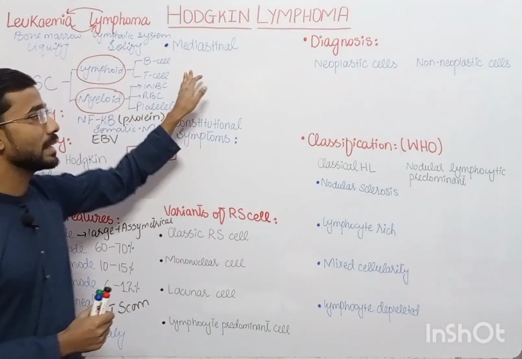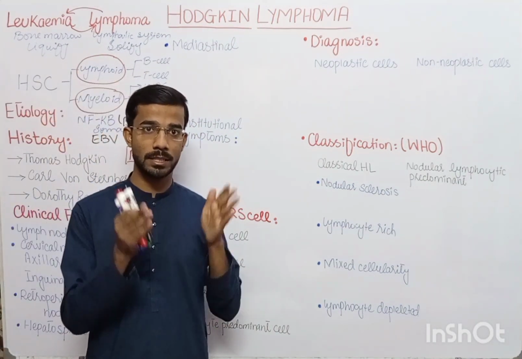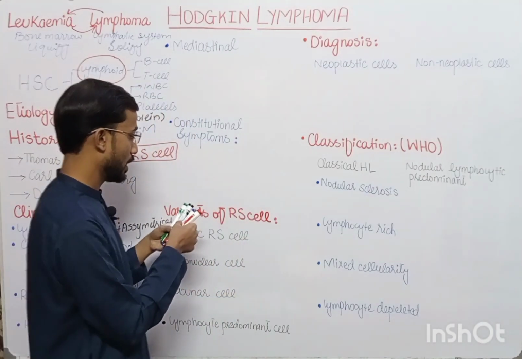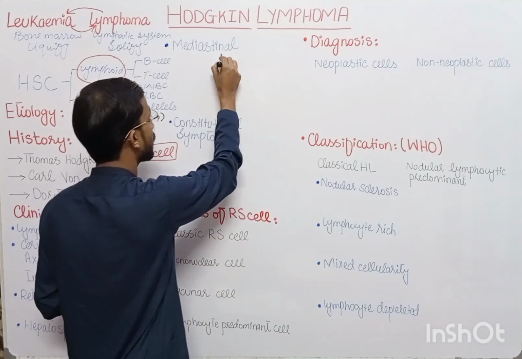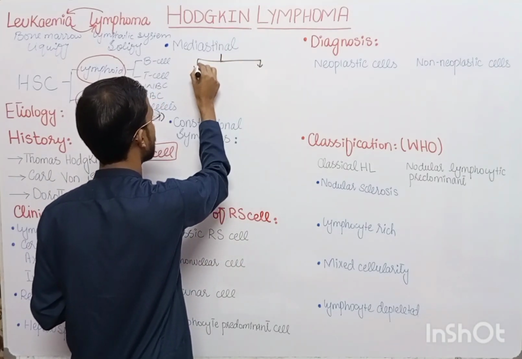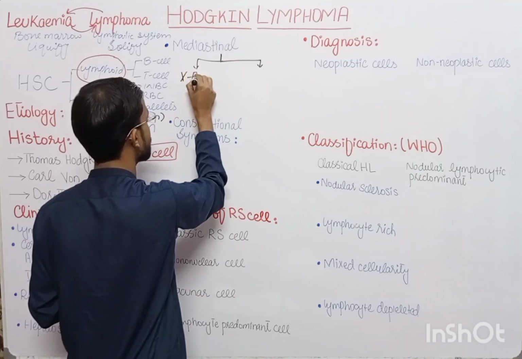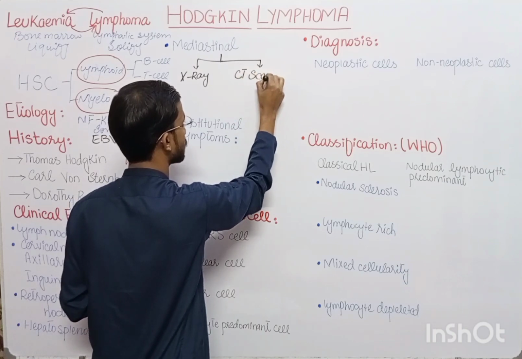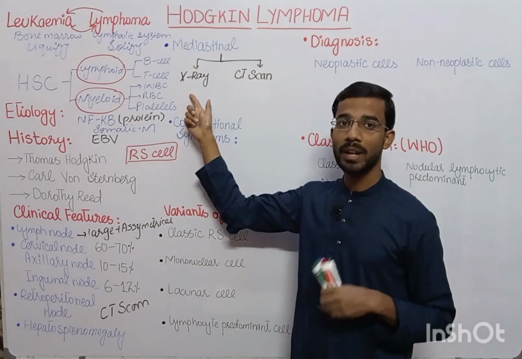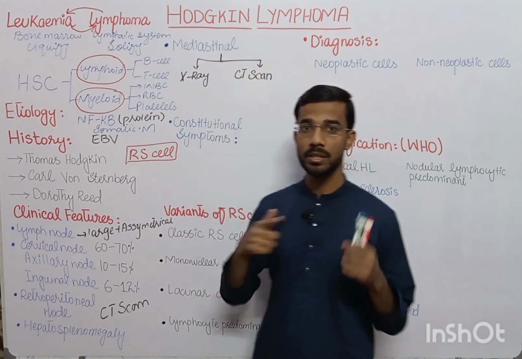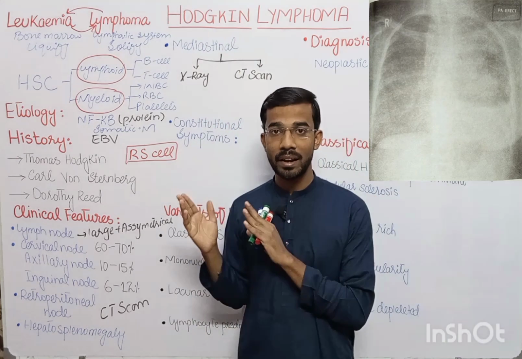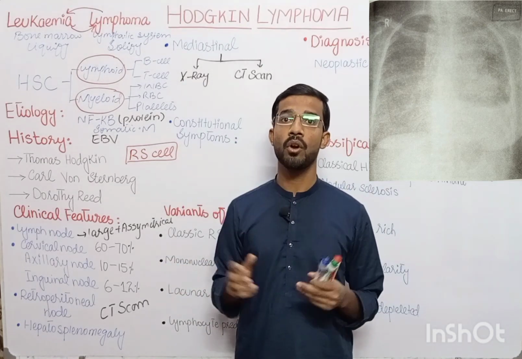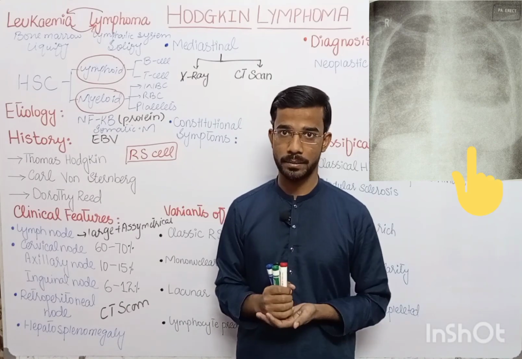Next is the mediastinal involvement. Mediastinum is basically the space between the lungs in the chest cavity. You can confirm mediastinal involvement in two ways. The first one is X-ray and the second one is CT scan. If we talk about X-ray, you can see on this screen the left lung is relatively smaller than the right one, and you can see a lot of white mass on the left side.